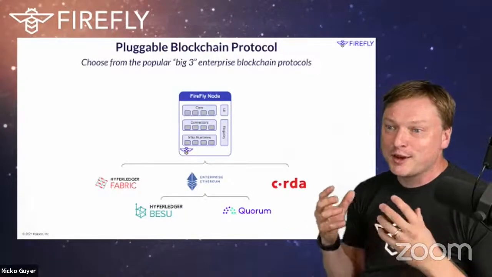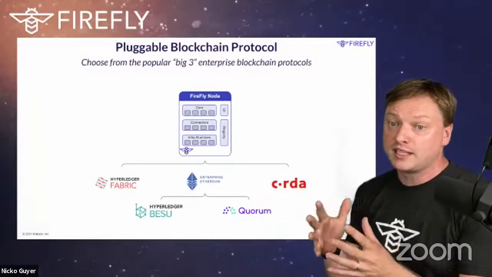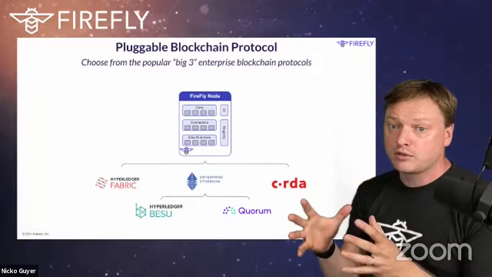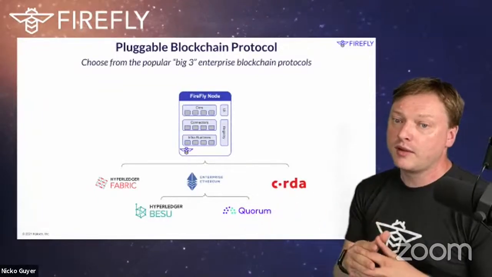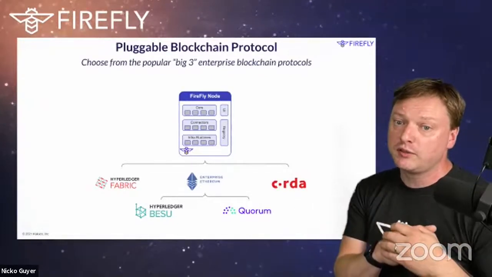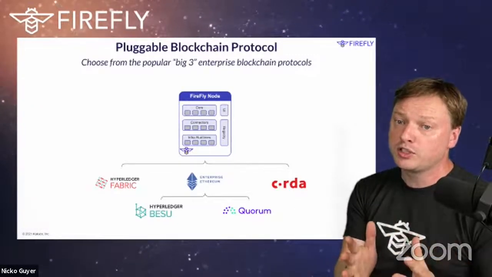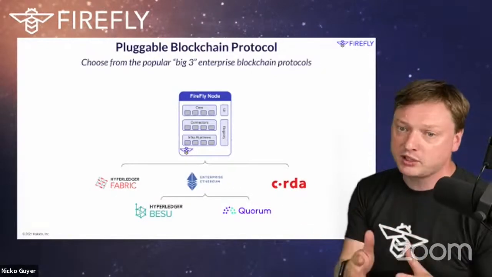I think of them like the CRUD of a multi-party system, like you would have for a database: create, retrieve, update, and delete. Those fundamental constructs you can just build on top of the Firefly APIs and plug in from the community contributions of the big three, your chosen blockchain platform. And the same pluggability in databases, the same pluggability in messaging.